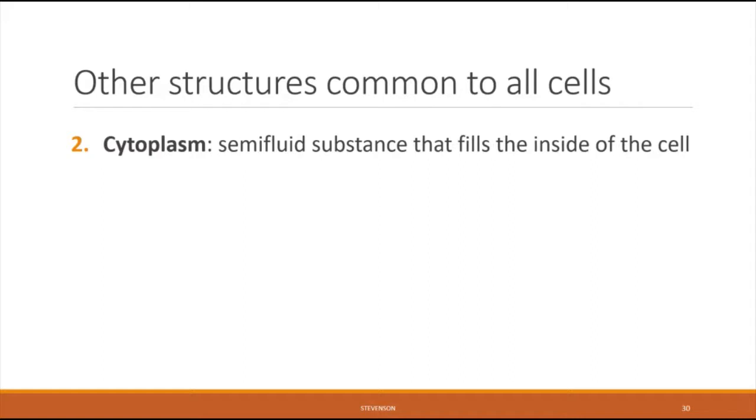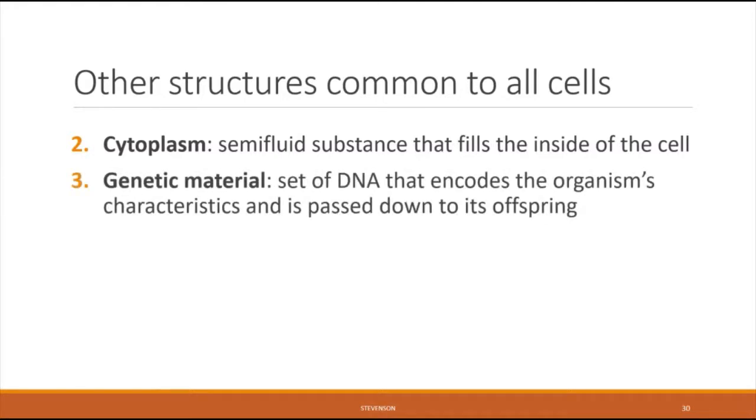The second structure that is common to all cells is something called the cytoplasm. Again, we see that prefix cyto here. So cytoplasm is the semi-fluid substance that fills up the inside of the cell. It's a little bit more viscous than water, a little bit thicker and more syrupy than water, but it's basically the stuff that fills up any sort of dead space that is inside of the cell. Next is genetic material. So all cells have DNA that encodes their traits and that allows inheritance to happen by passing down those traits to offspring.